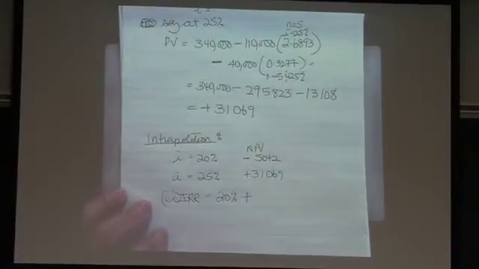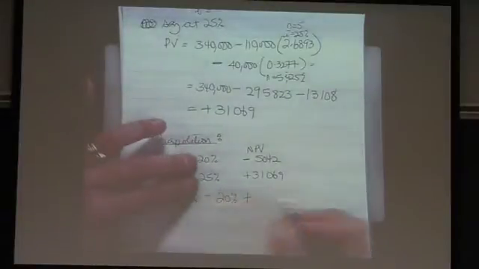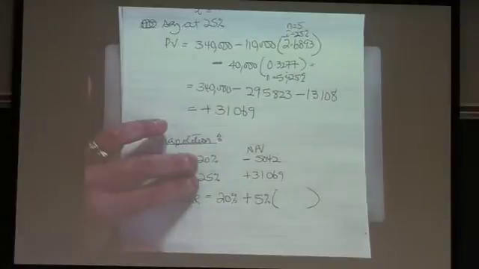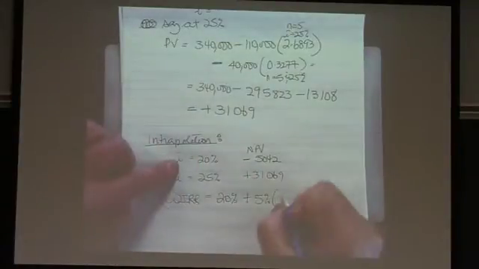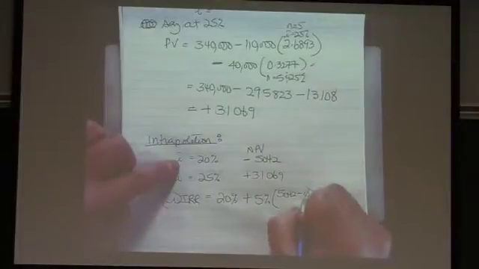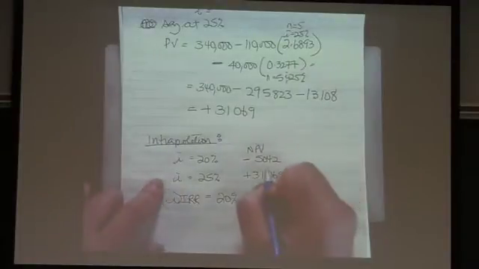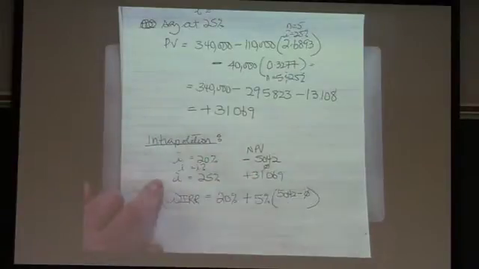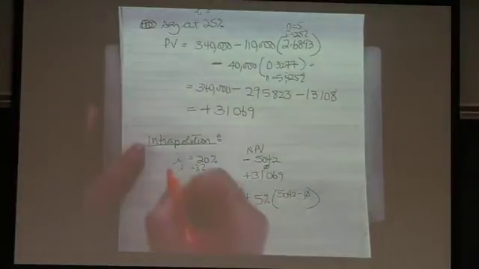Now, what is the difference between these two? It's going to be 5% times. I'm going to prorate it. So I know that it's 5042 minus 0, because I want this to be 0, right? I want to know what the I is. I want the 0 amount.